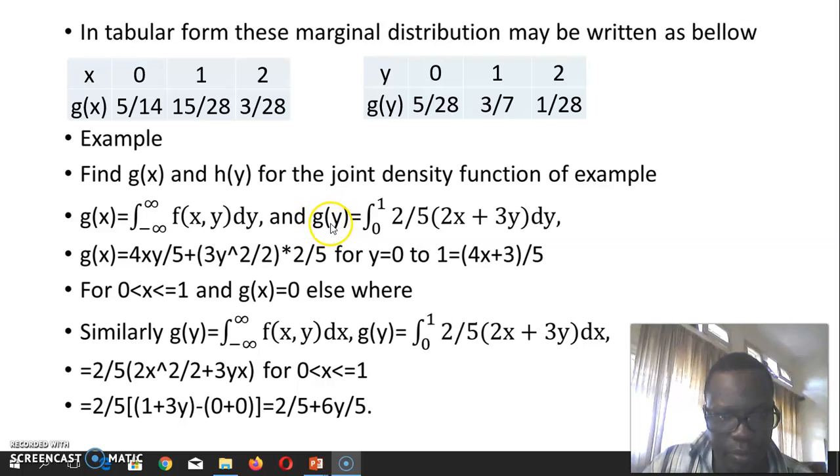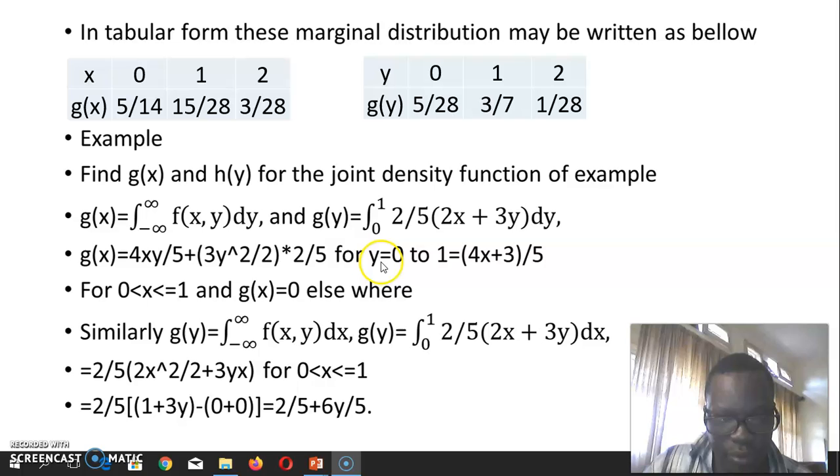This is supposed to be g of x. So our g of x is equal to, when you integrate this with respect to y, we will get 2 out of 5, 2xy. So 2 times 2 will be 4xy out of 5. That's what you get here, plus 3y squared divided by 2 times this 2 out of 5.